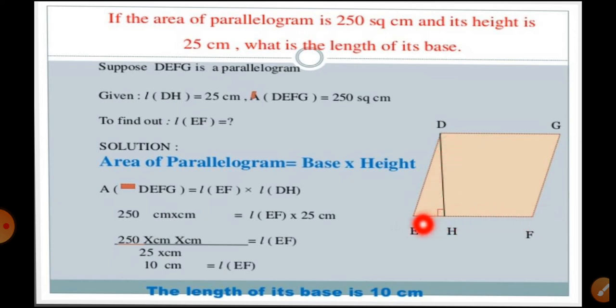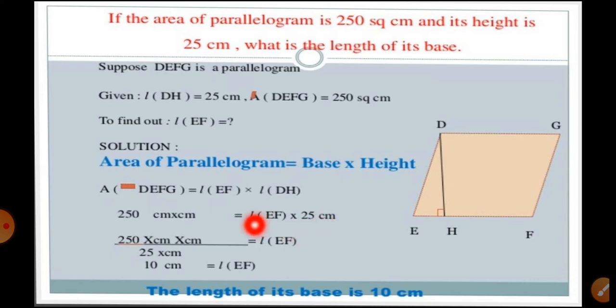Okay, length. So area of the parallelogram we know, base into height. Area is given, so we put 250 centimeter square is equal to length into height. We don't know length, so we put L, and the value of height is 25.